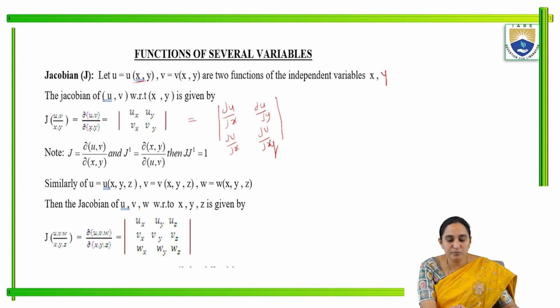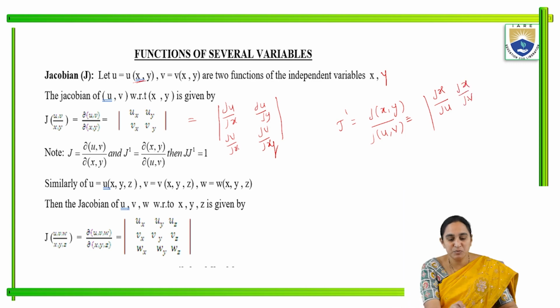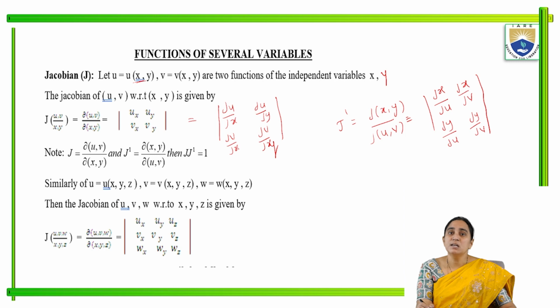That means u is differentiated with respect to x, y and v is differentiated with respect to x, y. Similarly, J dash is dou of x, y by dou of u, v. For J dash, x is differentiated with respect to u and v in the first row, and in the second row y is differentiated with respect to u and y is differentiated with respect to v. This is the J dash formula.